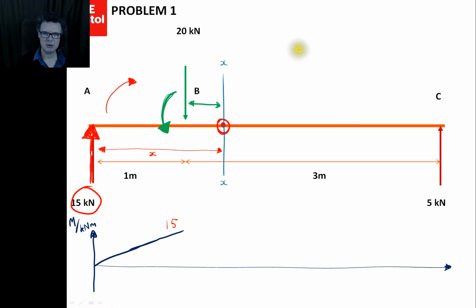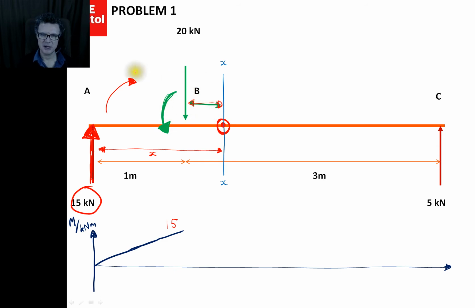So what happens when we move slightly to the right of B? Well, I've still got a distance of x from here to the original force that I was looking at, but now I've got this downward force, and I need to know what this distance is from here to here. So what's that going to be?